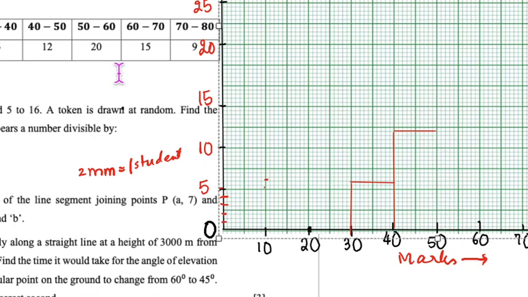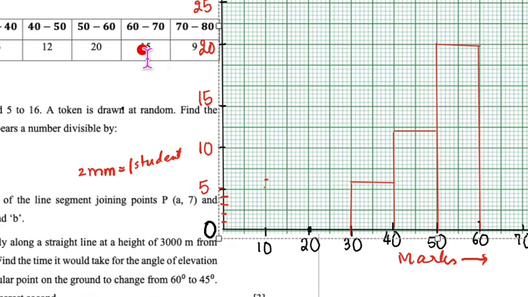Now 50 to 60 is 20. Where is 20? Now we have come up to this 50. For 50 to 60 we have the number of students as 20, so this is your 20 students line. Let us draw the column to this 20. Then we draw the horizontal line, and now we have to come down from here.